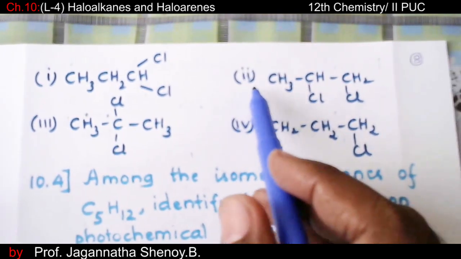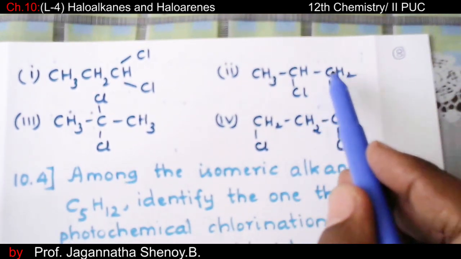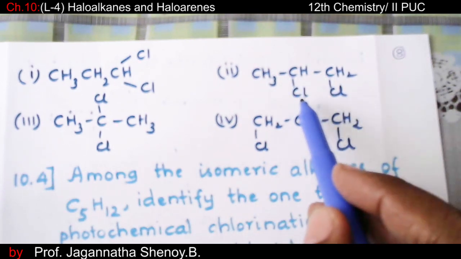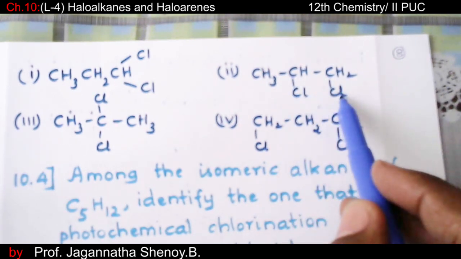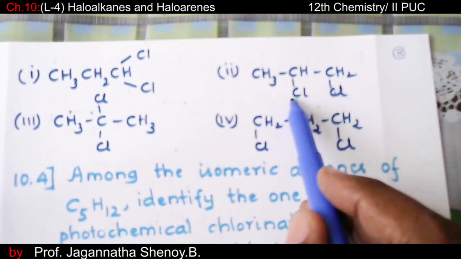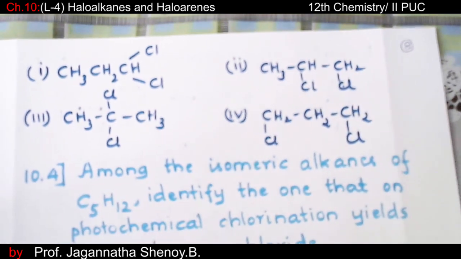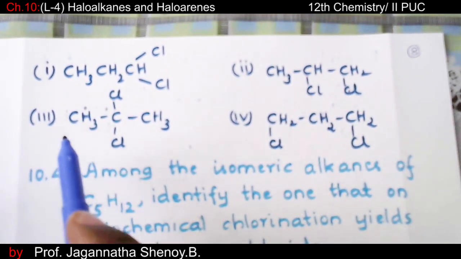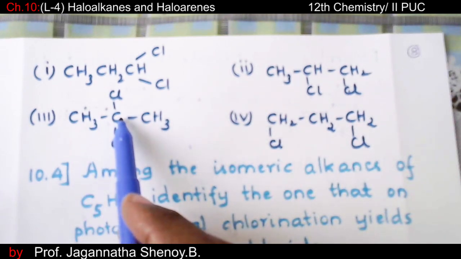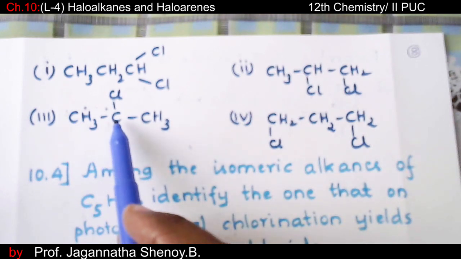In the second case, I have replaced two hydrogen atoms, one from each carbon atom, adjacent carbon atoms. As a result, I have got vicinal dihalide. So name of the product is 1,2-dichloropropane. Then in the third case, again, I've got geminal dihalide, but in this case, both the chloro groups are present on the central carbon atom.